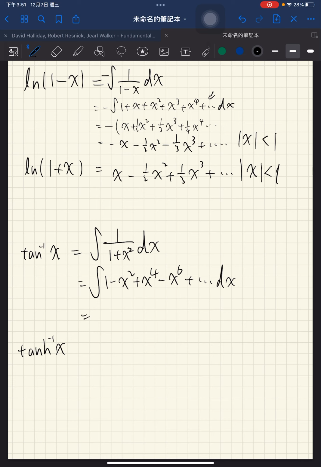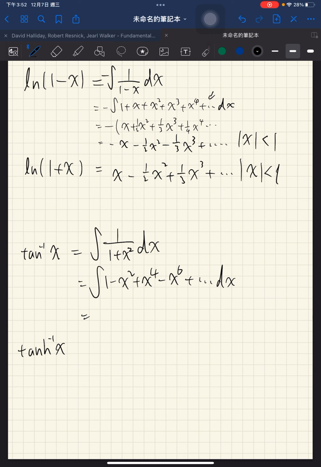Since when x is 0, arctan of x is also 0, the constant is also 0.